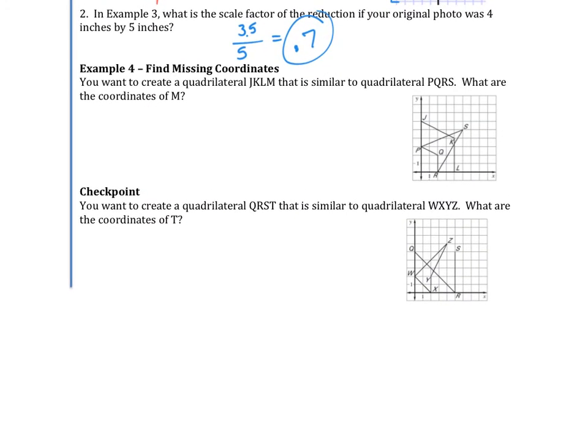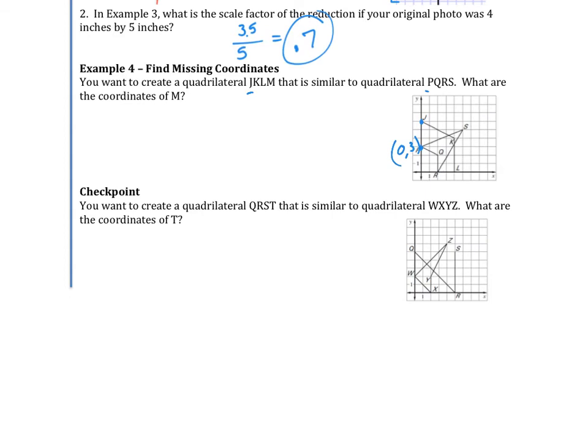Right, example 4. You want to create a quadrilateral JKLM that is similar to quadrilateral PQRS. What are the coordinates of M? Okay, this is a tricky one. So J and P match up. So here's J, and here's P. The coordinates for P are 0, 3.